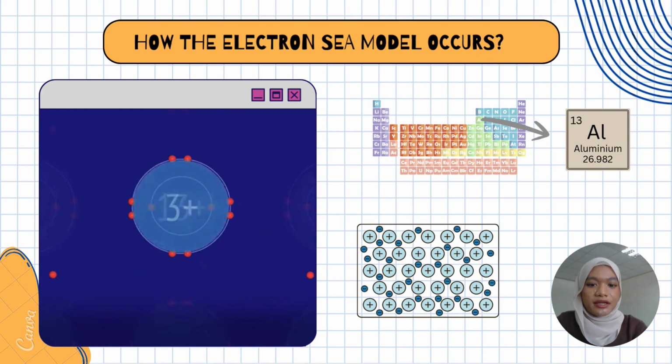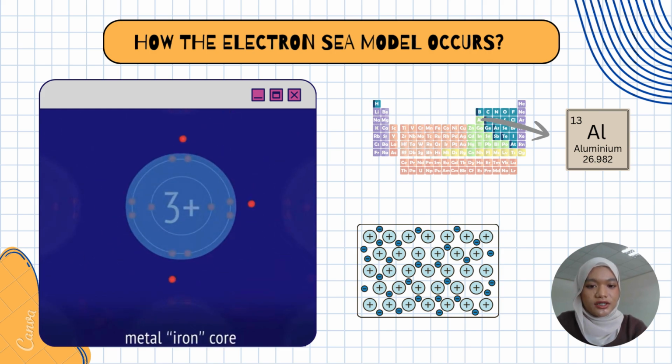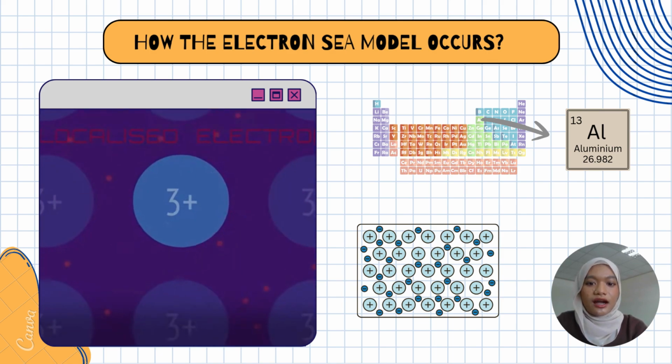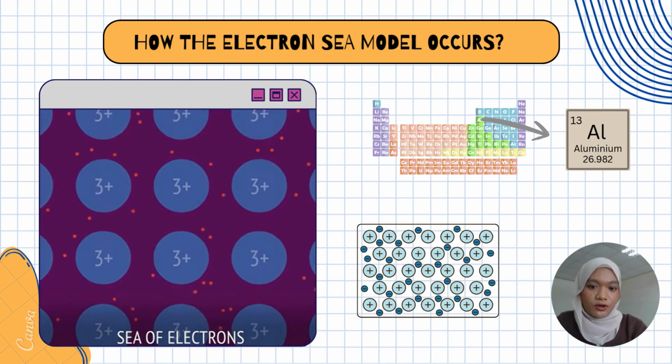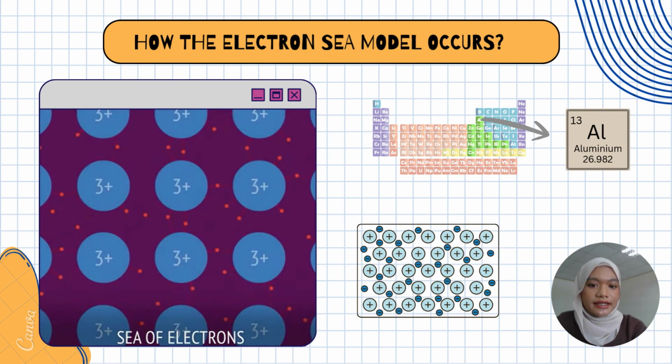This leaves the remaining core with a positive 3 charge for each aluminum atom. Then the delocalized electrons create a sea of electrons surrounding the positive cores. They are also strongly attracted to the cores and hold the atoms together in the lattice. This is the reason why electrical conductivity happens.